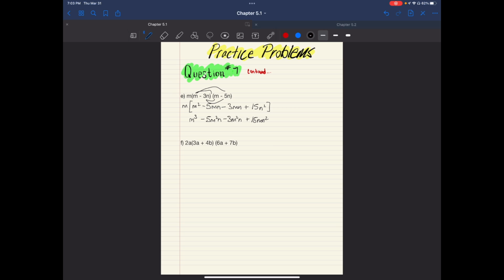Combine our like terms now. m cubed minus 8m squared n plus 15mn squared. See this term here, I'll highlight it, these two terms, they're both m squared n. So we combine those two terms together to get negative 8m squared n.